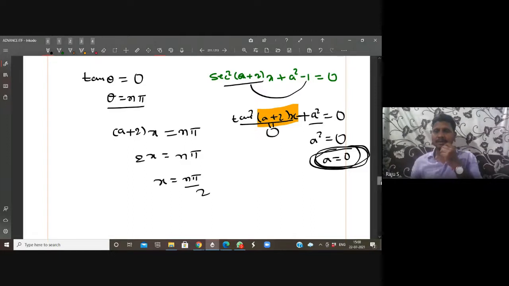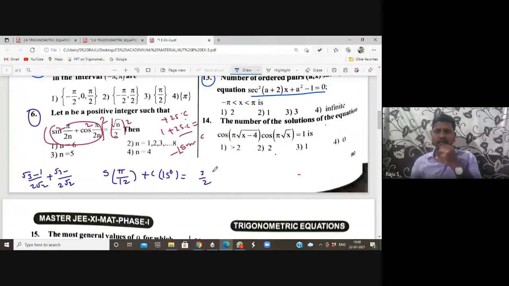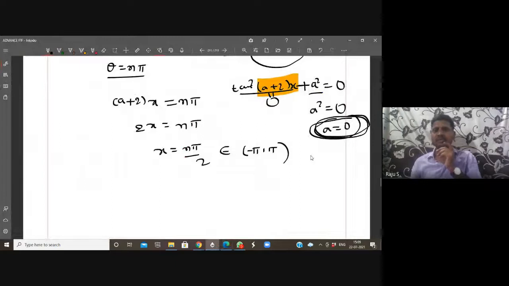But as given, x should belong to the open interval minus pi to plus pi. Already given. X from where to where? Minus 180 to plus 180. Am I right? For what n, belonging to Z, do these values belong to minus 180 to plus 180?